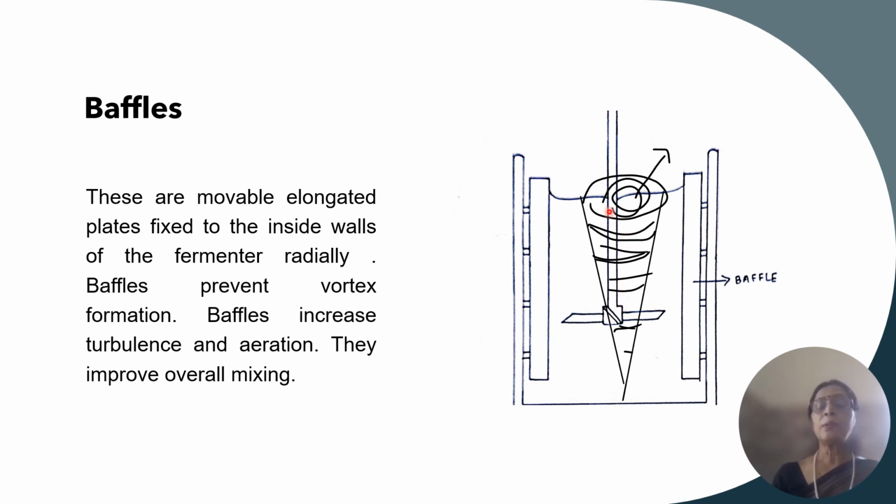So to dissolve the vortex, baffles are fixed to the lateral walls of the fermenter, and they dissolve the vortex and mix it to a homogeneous condition. So baffles are meant to prevent vortex formation. They increase the turbulence and aeration, and overall they improve the mixing.